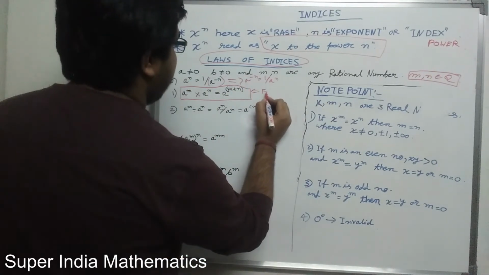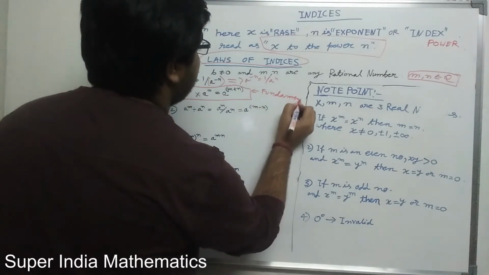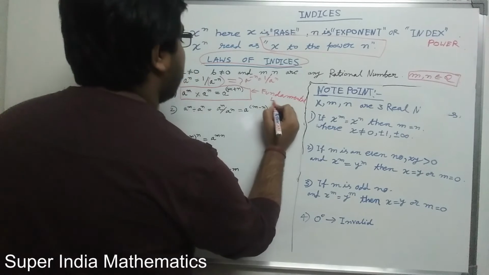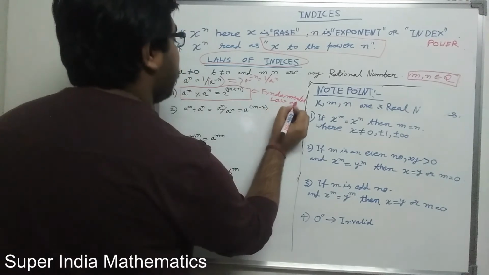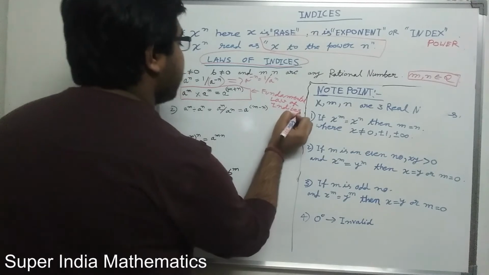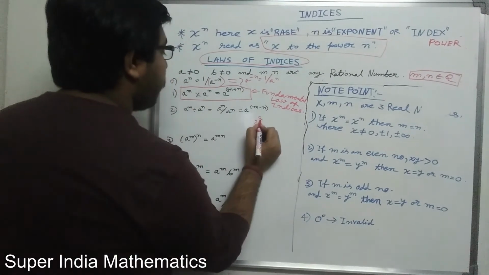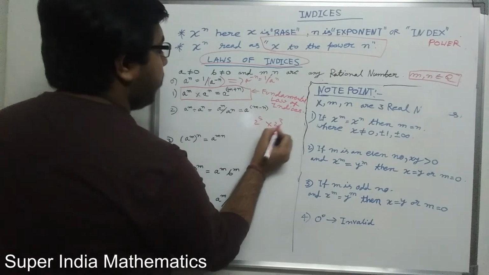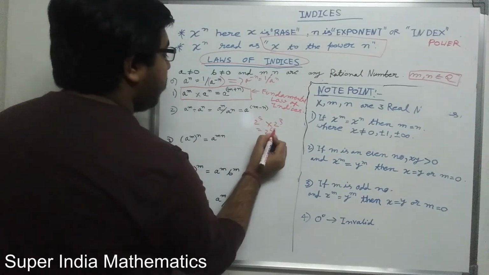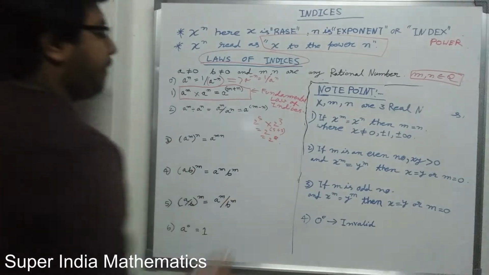Let's take an example. 2 to the power 5 into 2 to the power 3 equals 2 to the power 5 plus 3, equals 2 to the power 8.